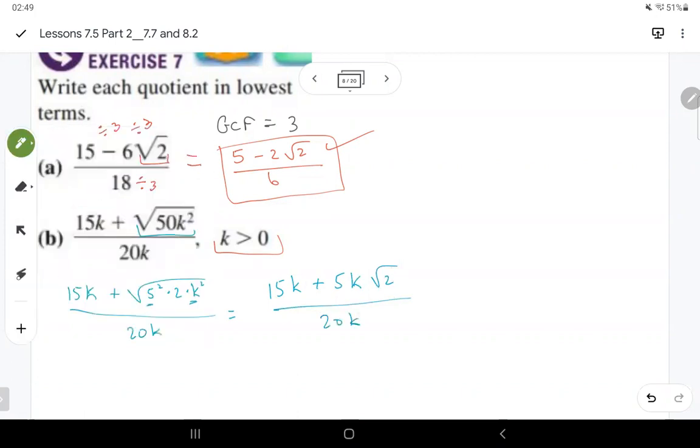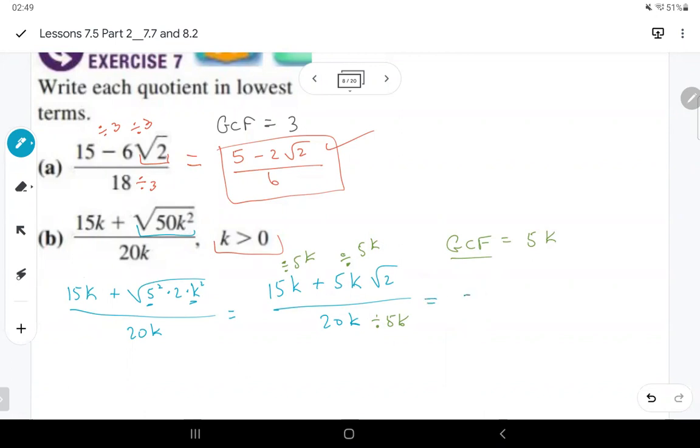The GCF in this case is 5k. So divide by 5k, divide by 5k, divide by 5k, and we're going to end up having 3.